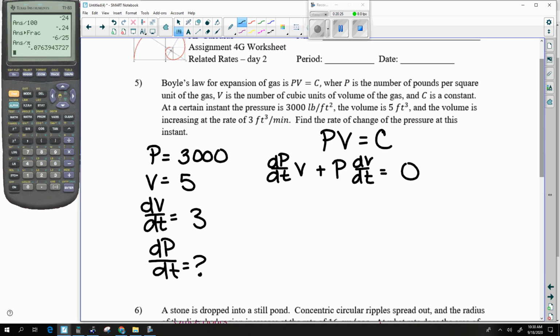Again, the question is asking for dP/dt, so I'll solve. P dV/dt, so that's 3,000 times the dV/dt of 3. That has to get subtracted across, so that's a negative 9,000, and then I divide out the V, which is 5, and that's negative 1,800.